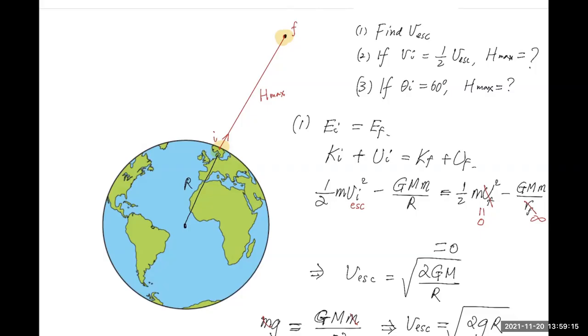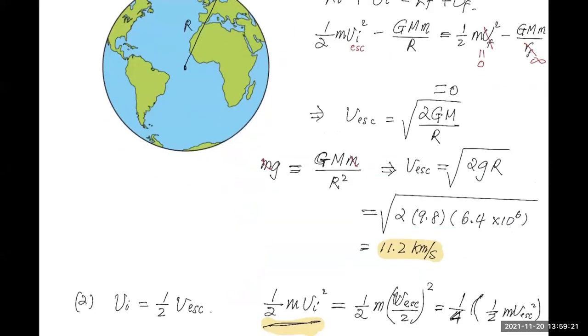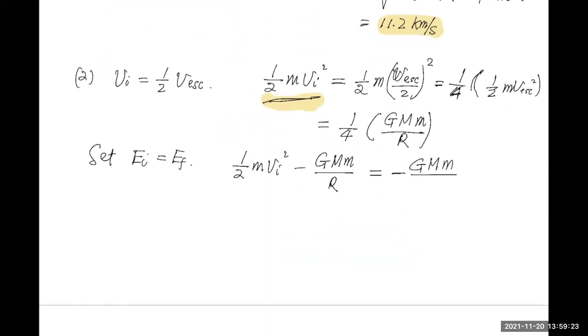The distance between that object and the center of the Earth this time is the radius r of the Earth plus h maximum. h maximum is the maximum altitude. So I can write here r plus h maximum. Of course, I'm looking for h maximum.